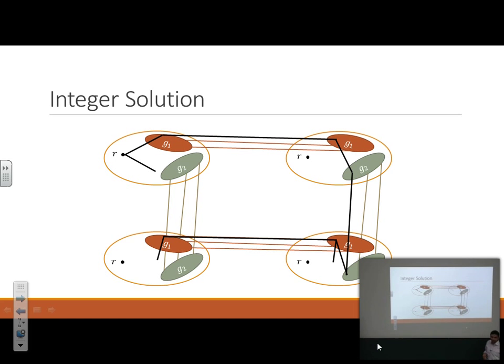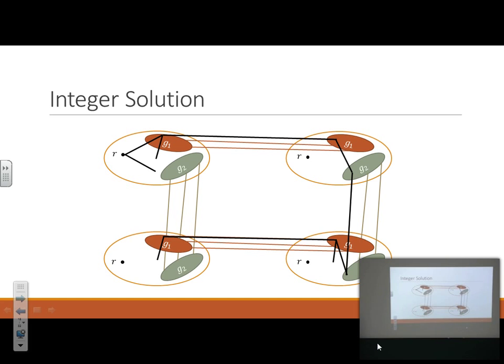Okay, now let's do the more interesting case. An integer solution, unfortunately for this problem, each guy may have built a tree that goes into all of the other copies here and there. Right, so that's the only wrinkle in what to do. Well, what we do is we just retract the tree. Okay, how do we do it? We look at the portion. Let's say I want to figure out this is the copy rooted at this root. I see that this guy has a portion of it in some other copy.